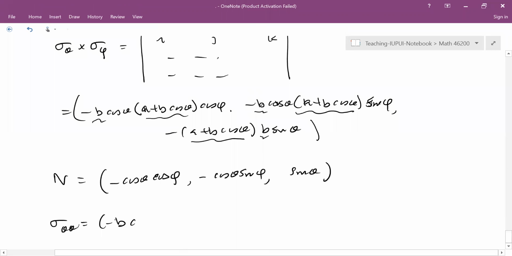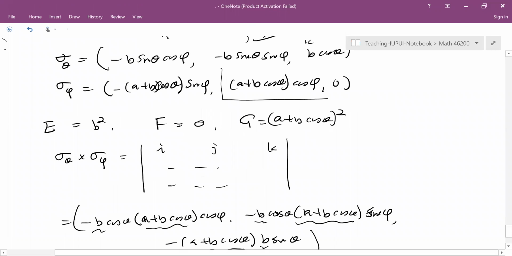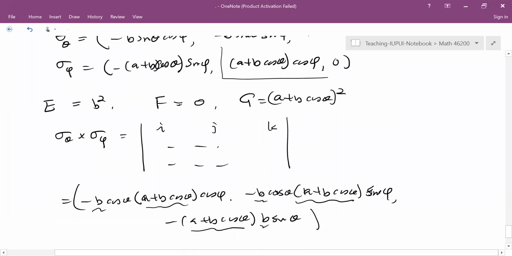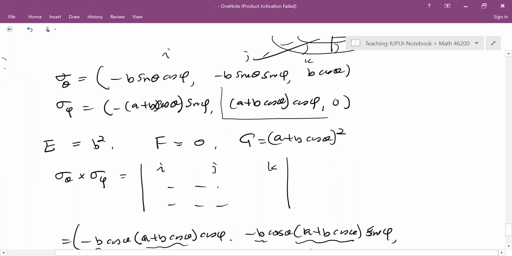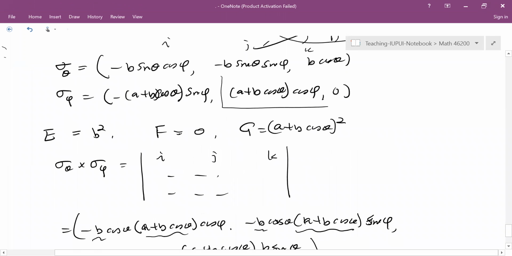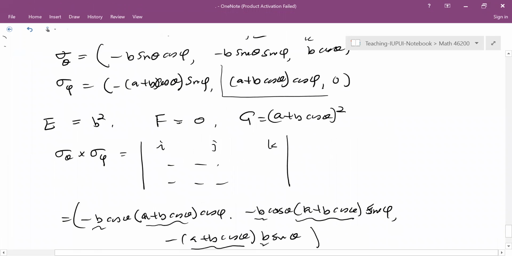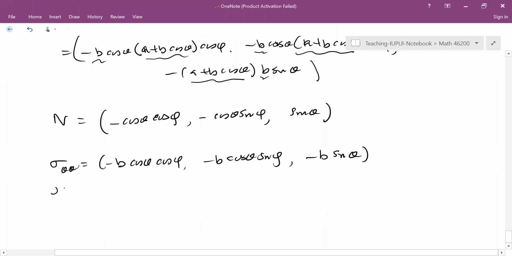So negative cosine theta cosine phi, negative cosine theta sine phi, and then there will be negative phi sine theta, because here's a cosine theta here, right? And I needed this one.